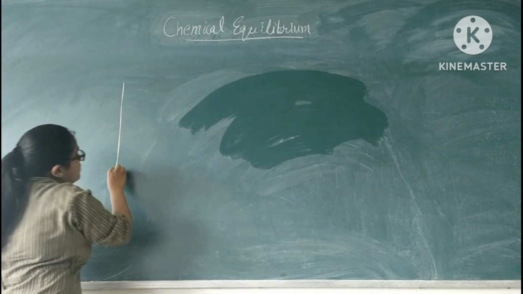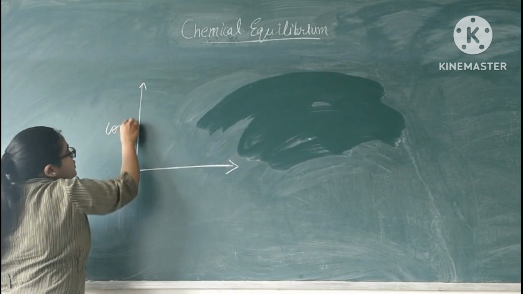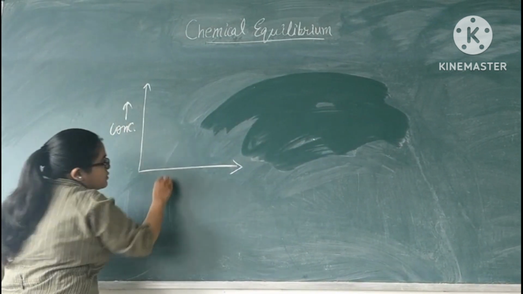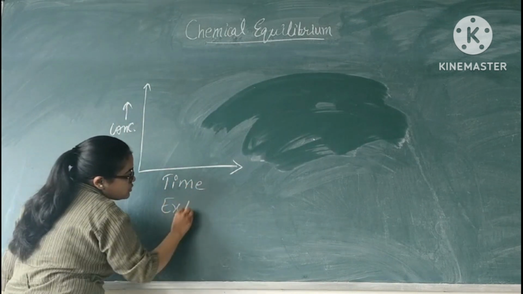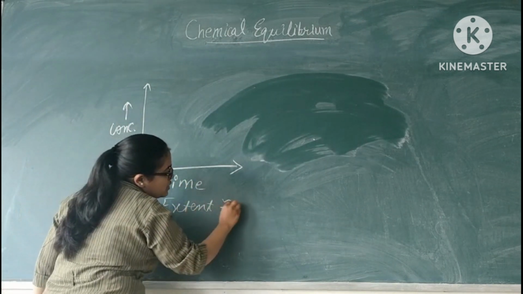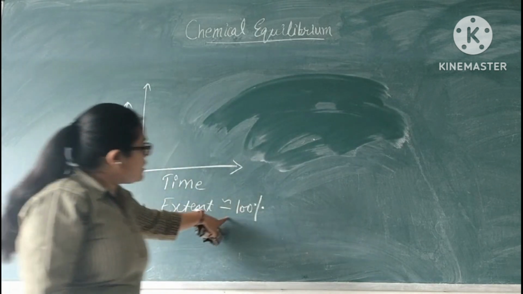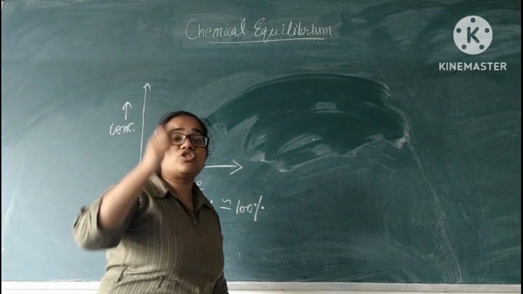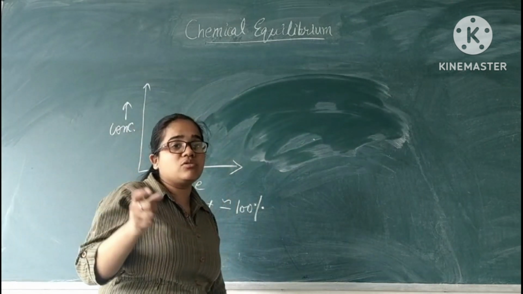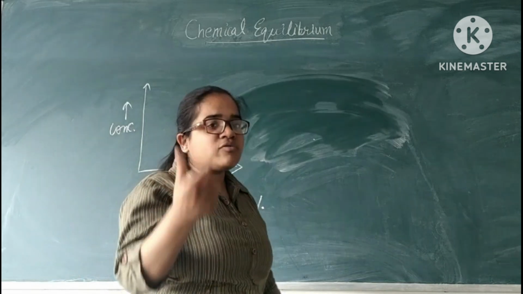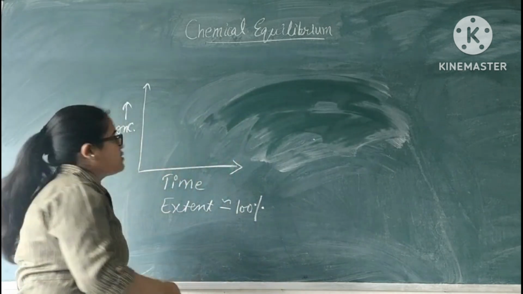So when we plot a graph between concentration and time, and we take the extent of the reaction to be nearly 100%, what we mean by nearly 100% is that the majority of the reactant molecules will convert into product molecules. I am not saying that the whole of the reactant will be converted into product, but a major amount of the reactant.